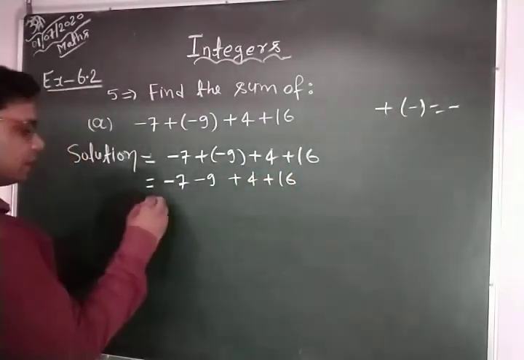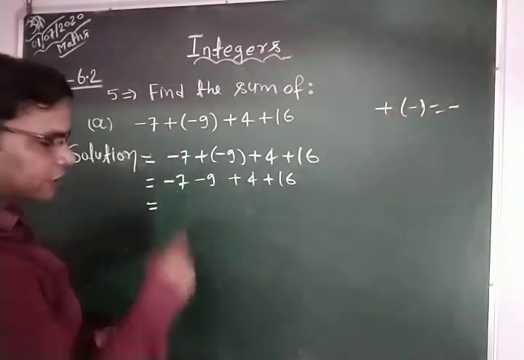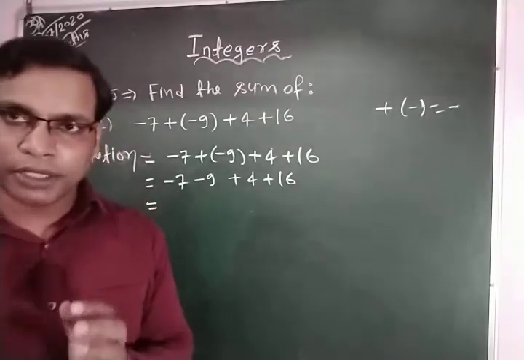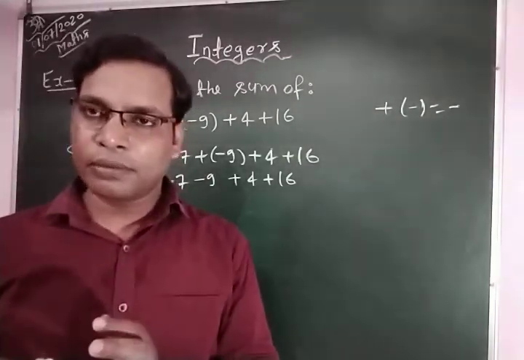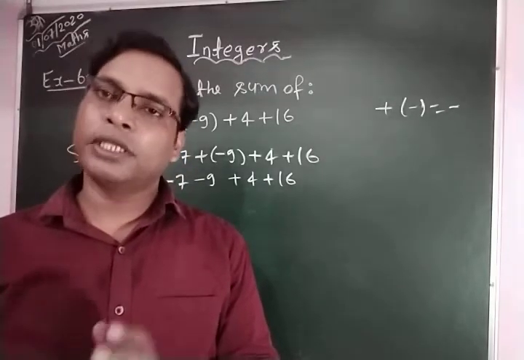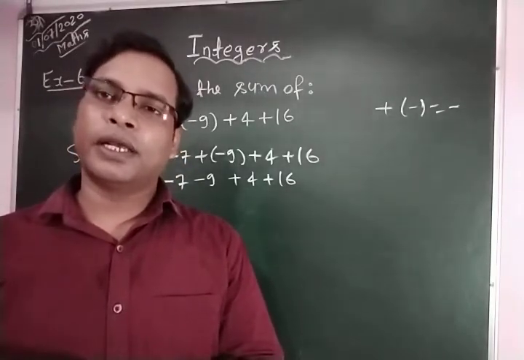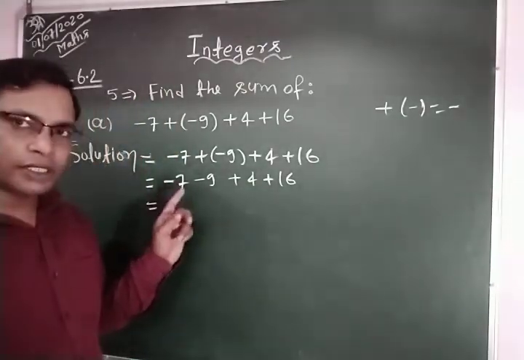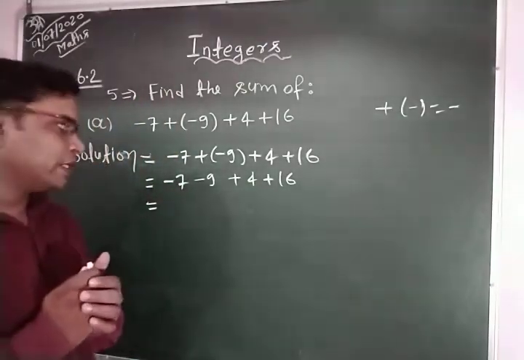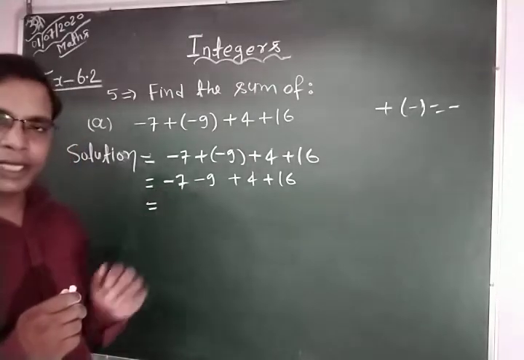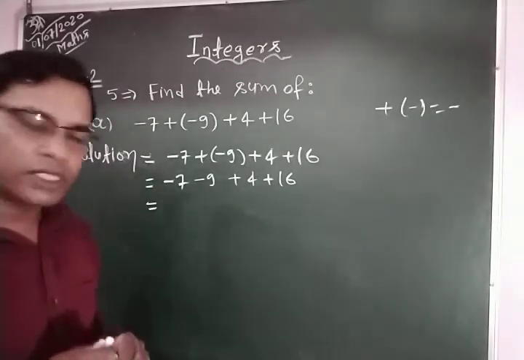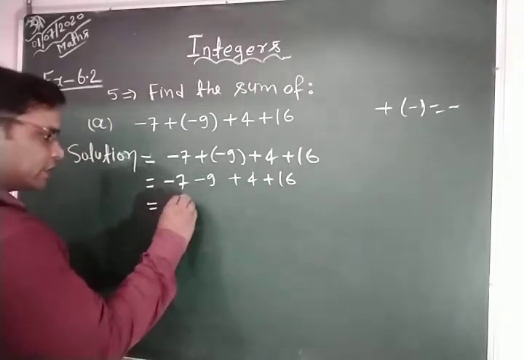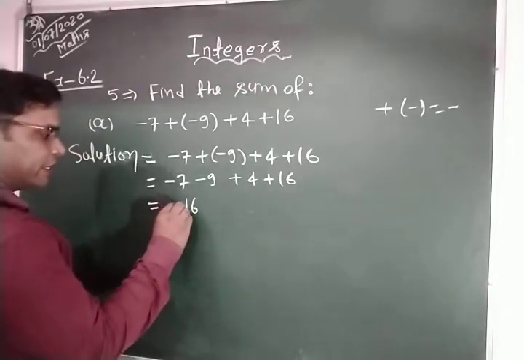After this, here you can see minus 7 minus 9. If the signs of both quantities are the same, then we add them and write the same sign. Here both are minus signs. So first we add minus 7 minus 9: 7 plus 9 is equal to 16, so we write minus 16.